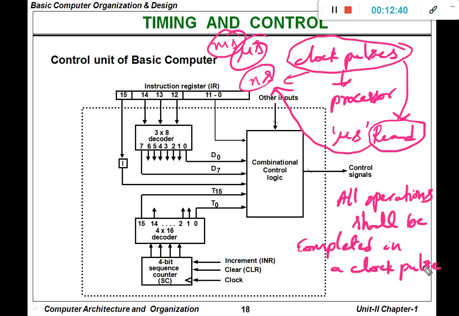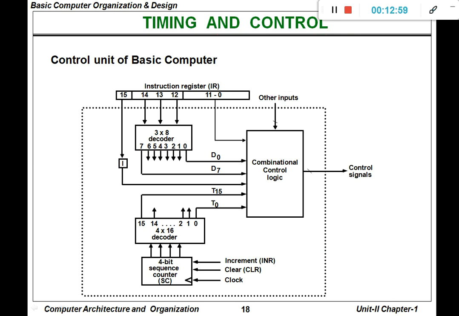If the operation is not completed, then the clock pulse will wait until the operation is completed. Okay, that's the basic logic we need to remember. So this is the overall circuit design of timing and control logic.